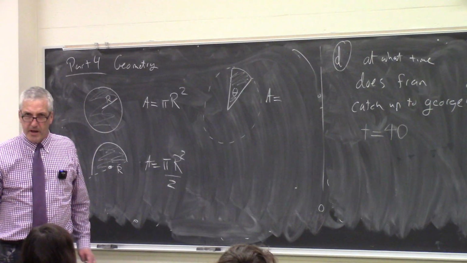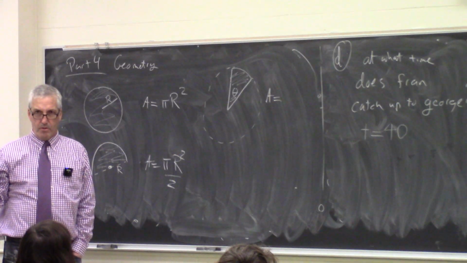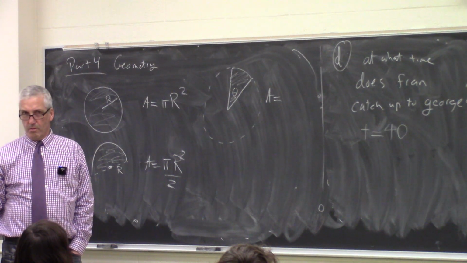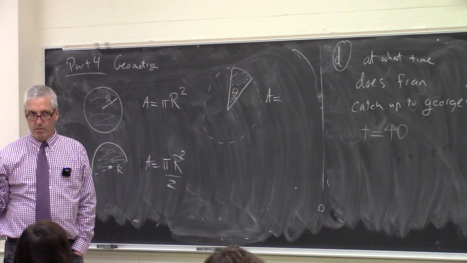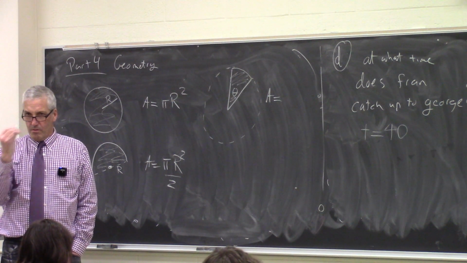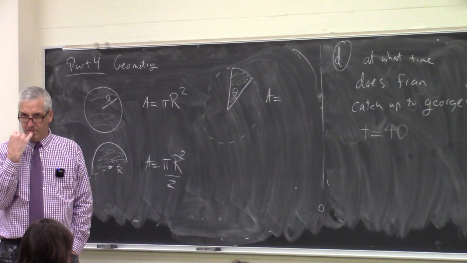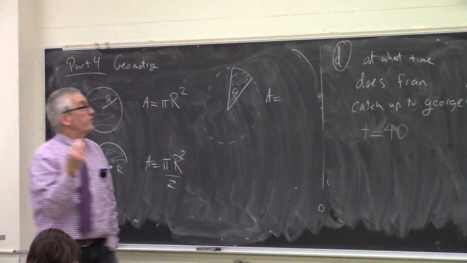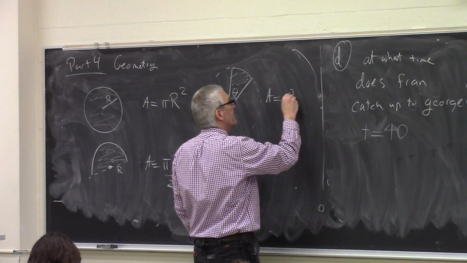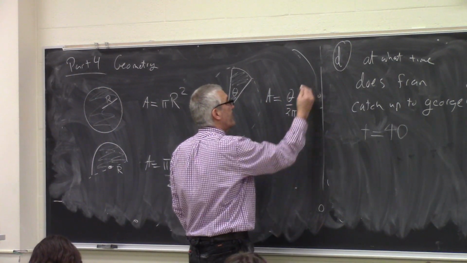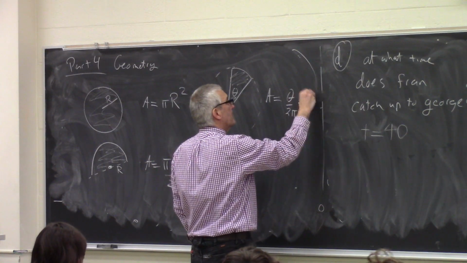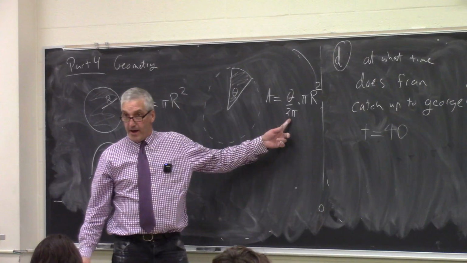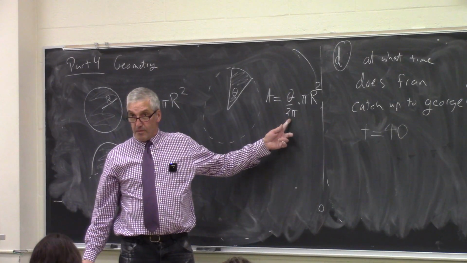Who can help me with that area? Do theta over 360 times pi r squared. Wonderful. Actually, you should do theta over 2 pi. Theta over 2 pi. Fantastic. You got to figure out how much of the circle you have. If you have the whole circle, then theta is 2 pi.